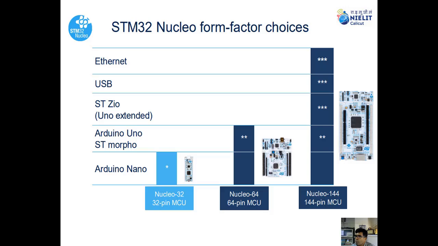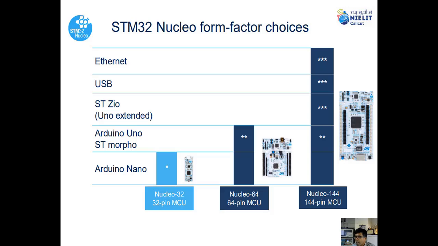And then there are development boards available with 64 pins. That many pins will be available in the form factor, with the UNO connector or ST Morpho connectors available, so that you can use expansion boards for adding third-party actuators and sensors.